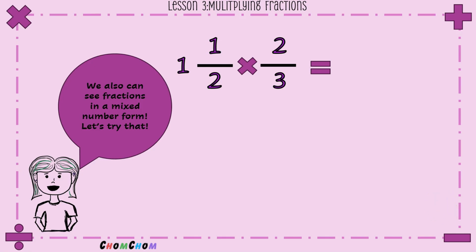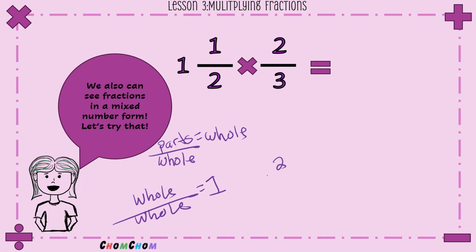Now let's try it in mixed number form. So for mixed numbers, what we have is we really just have the whole under the parts, which just equal the whole. What I'm trying to say is it's whole over whole.